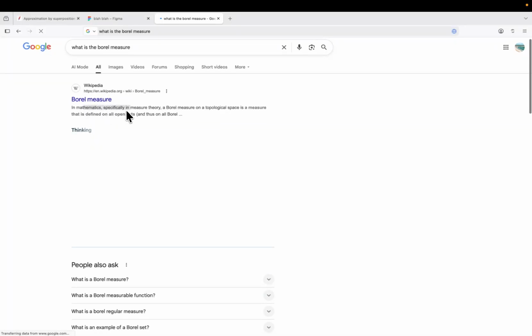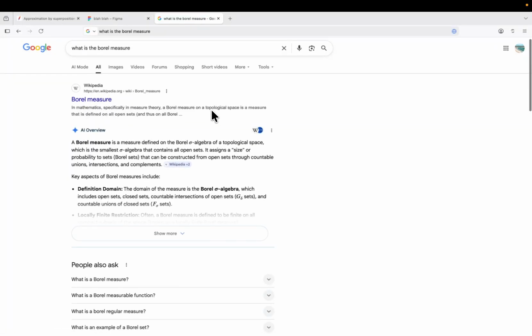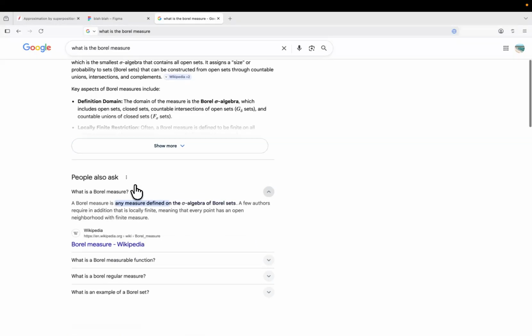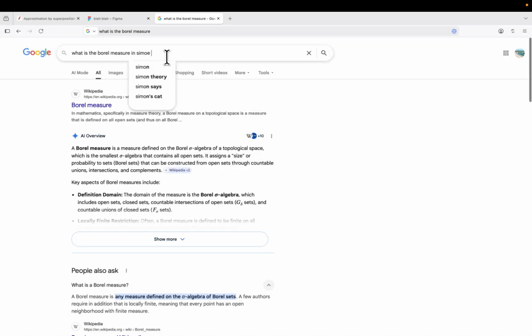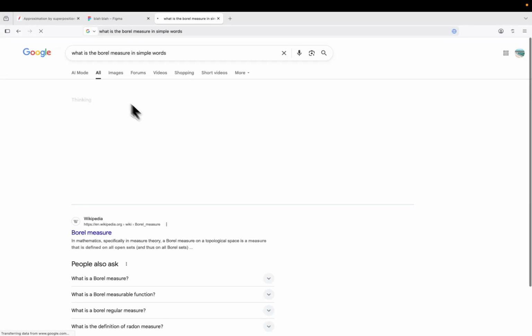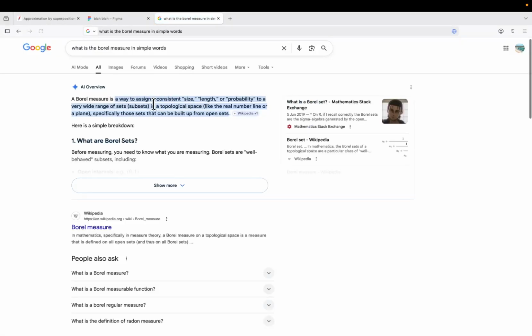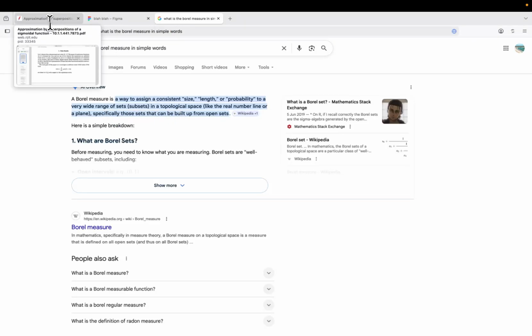Again, I'm not really a mathematician specifically. A Borel measure is a measure defined on the Borel sigma-algebra of a topological space, which is the smallest sigma-algebra that contains all open sets. It assigns a size or probability. In simple words, because I don't know what a topological space is: it's a way to assign a consistent size, length or probability to a very wide range of sets in a topological space. Alright, I get that.